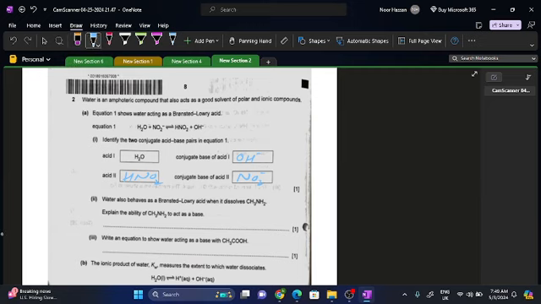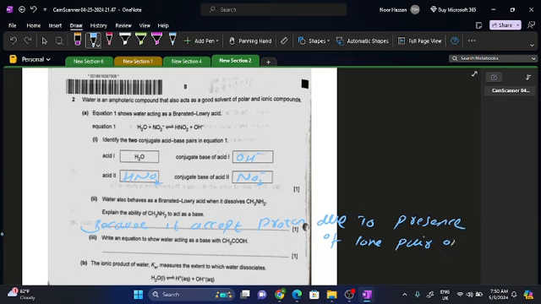It can accept a proton due to the presence of a lone pair, the presence of a lone pair on nitrogen.